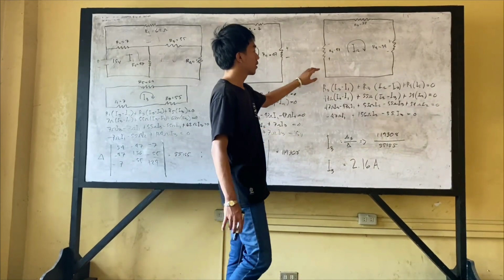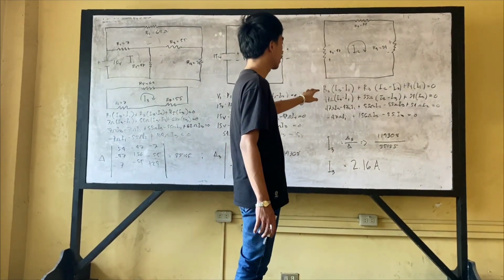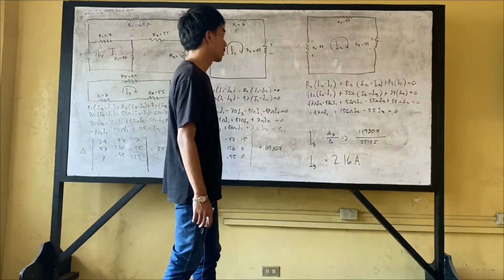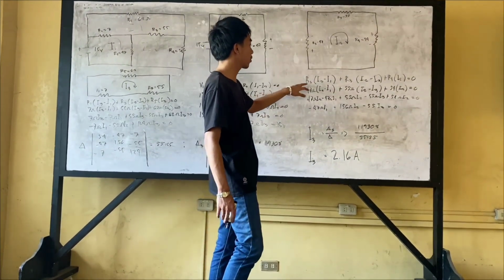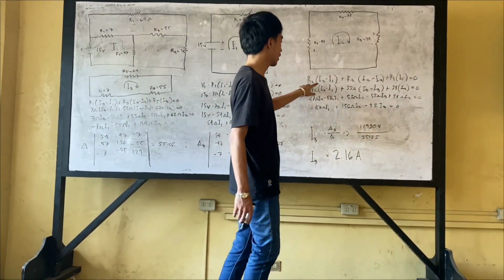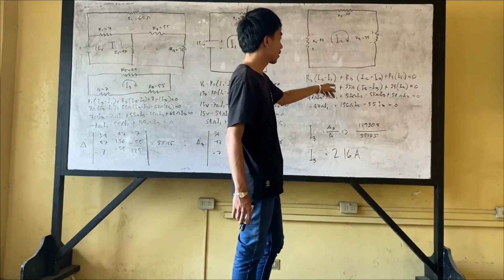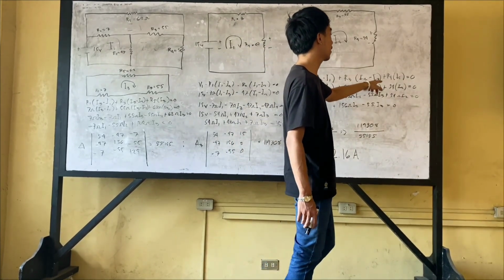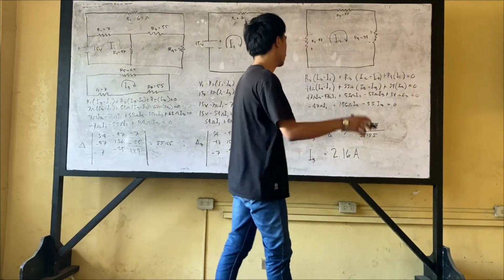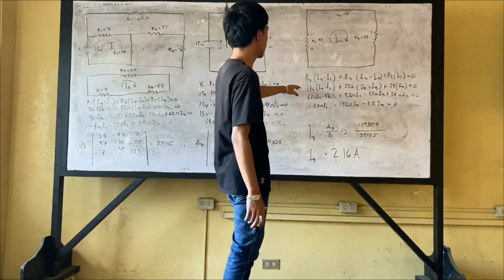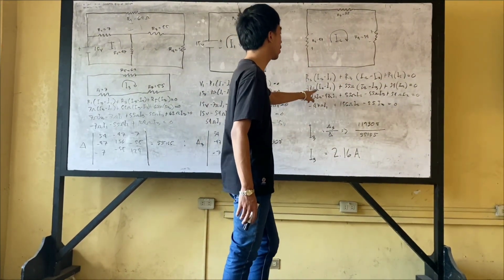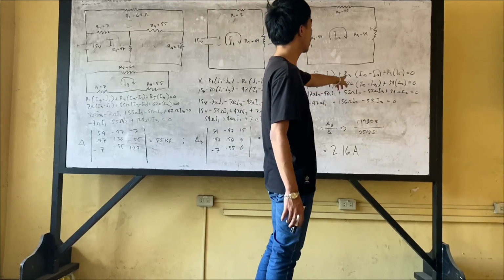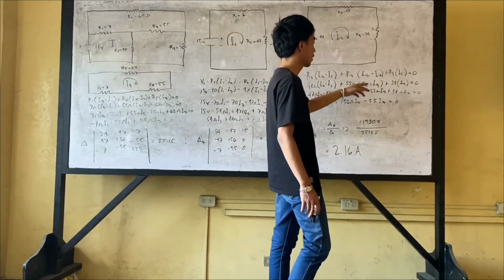So for our loop 2, the formula will be R2 times I2 minus I1 plus R3 times I2 minus I3 plus R4 times I2 equals 0. So we will plug in our resistance of R2, 47 ohms, and for our R3 is 55 ohms.